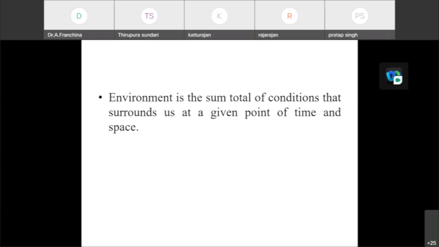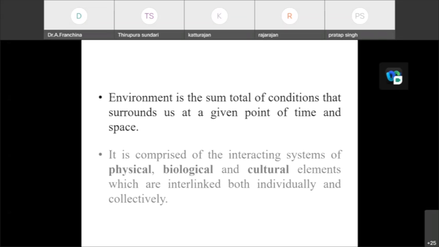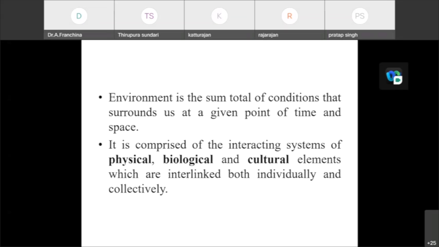So what finally is this environment? It is the total condition of the particular surrounding. What is the total environment? It may have physical properties and biological properties, then cultural elements.